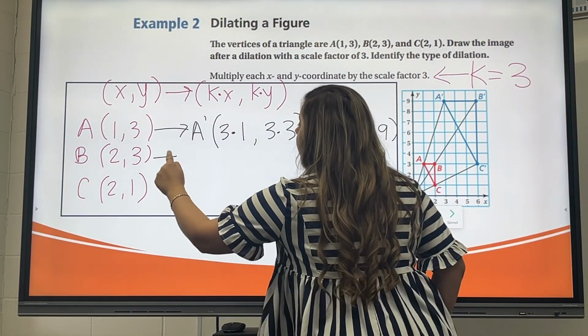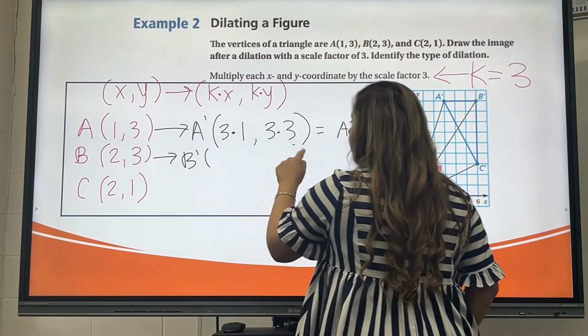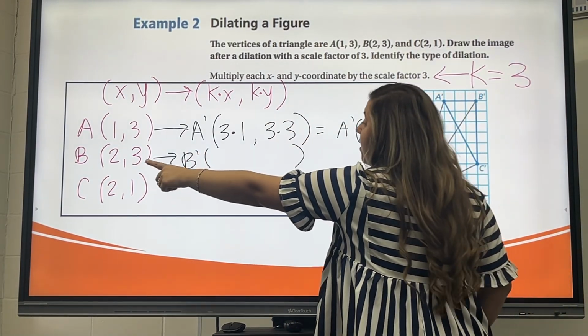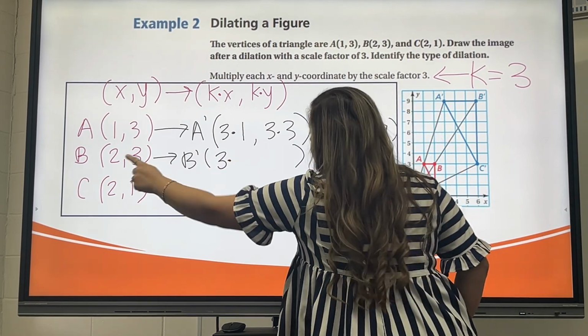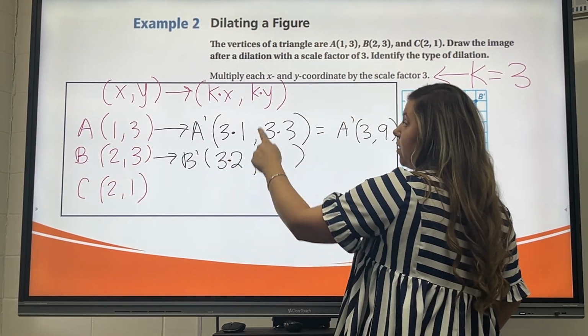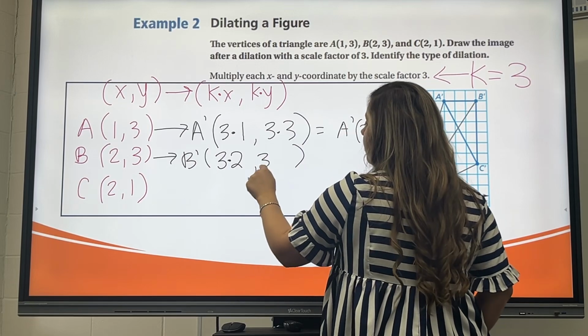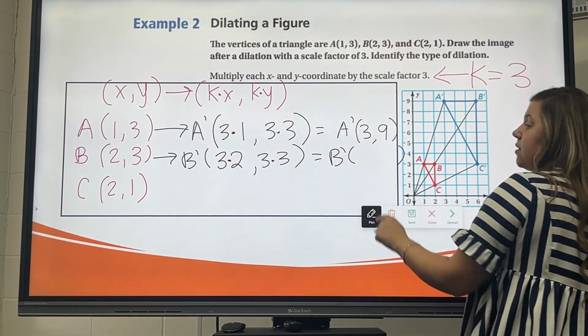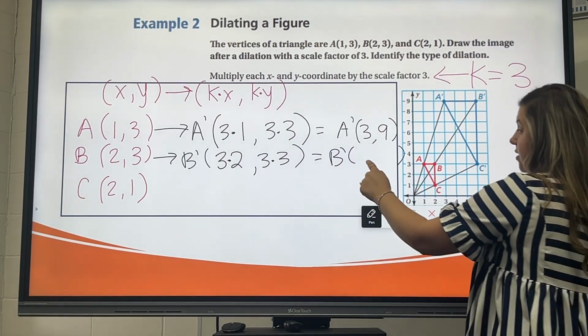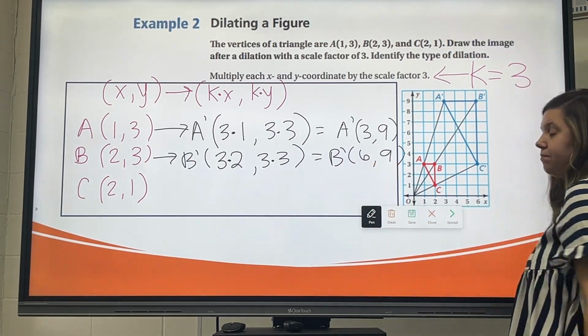Next one, B prime. I'm gonna follow the rules. So k times x, in this case, k is 3, or the scale factor is 3, times 2, and 3 times 3 gives me a new B prime point of (6, 9).